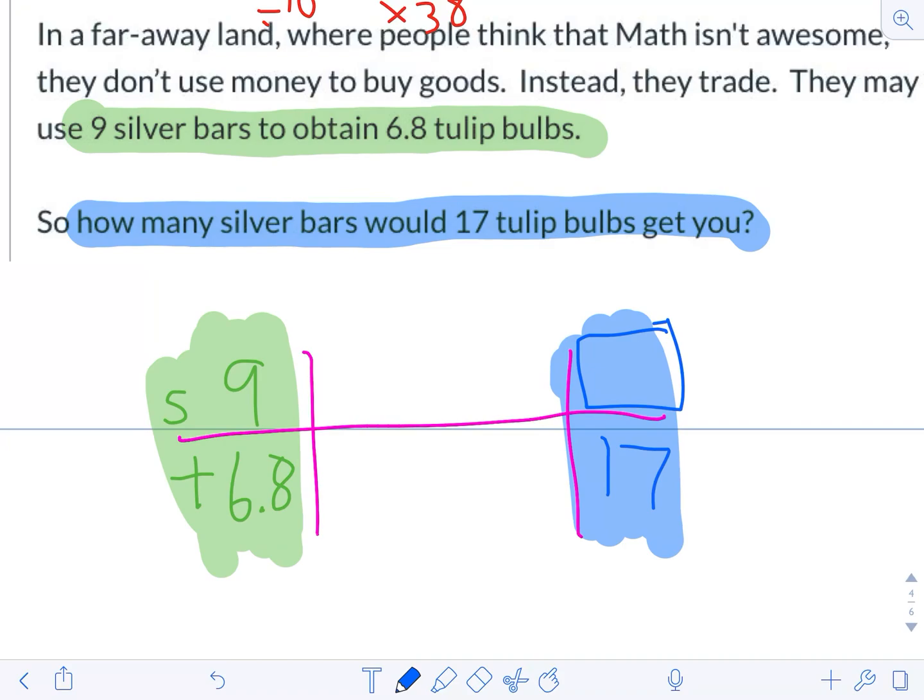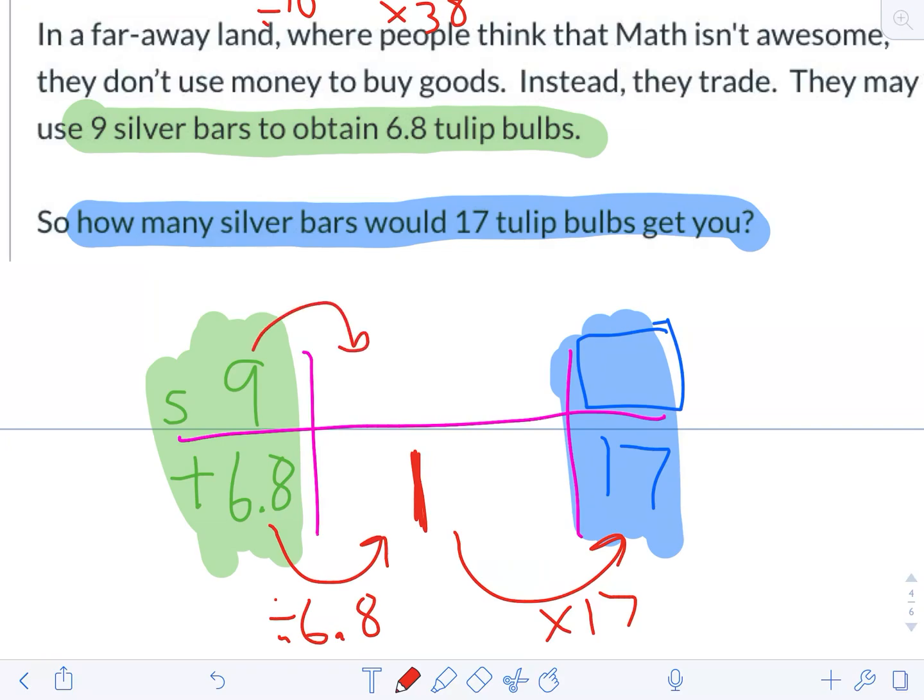Okay? So now, listen, I'm like you. I don't know how to get from 6.8 to 17 directly. So I got to do a step. If I find the unit rate, then I can totally get to 17. Okay? Now that's my path.